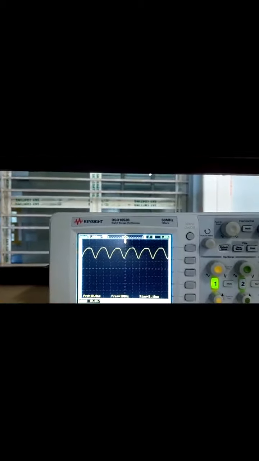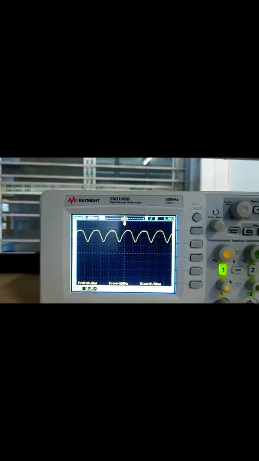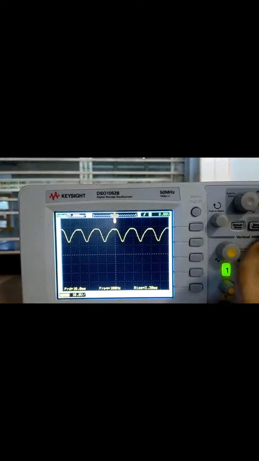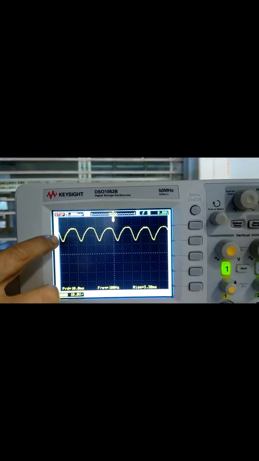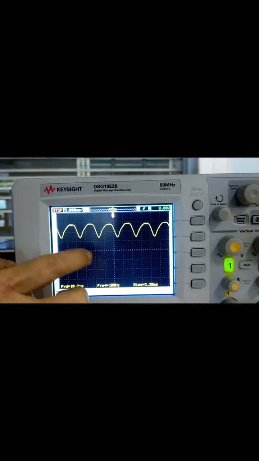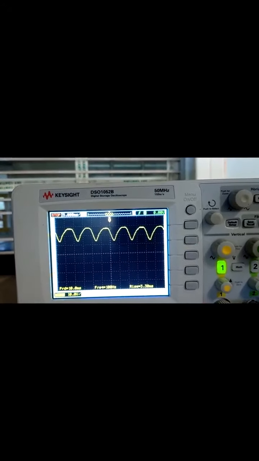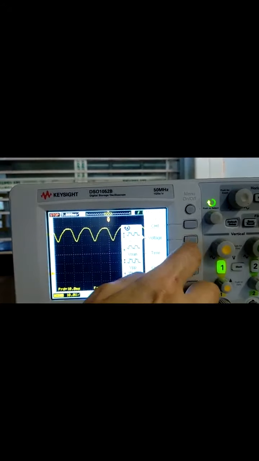This is the full wave rectified output. That means during both the positive and negative half cycle we are getting the output. Every time we will get this. Again we can measure the voltage.